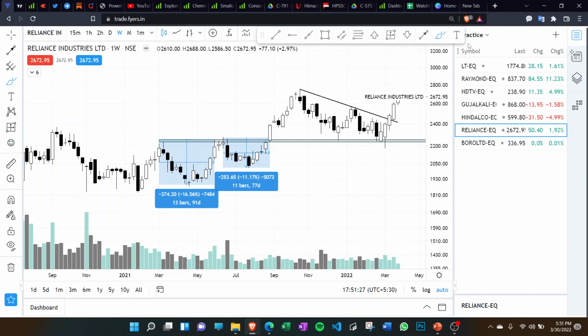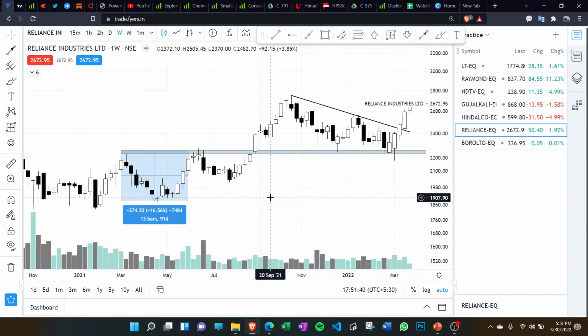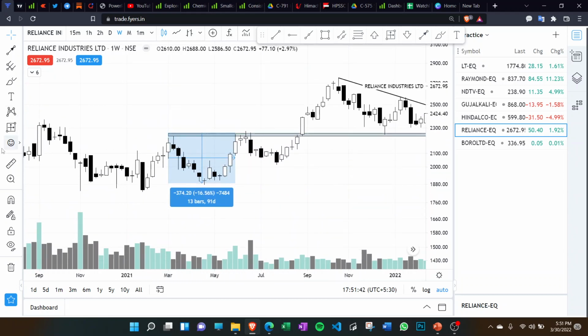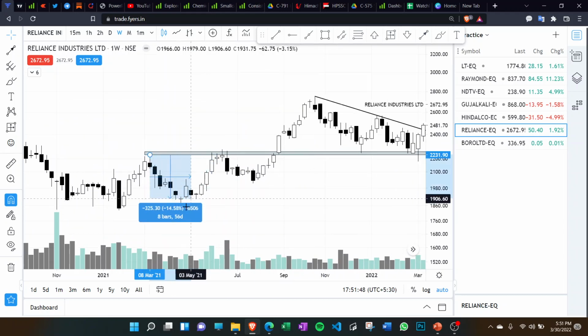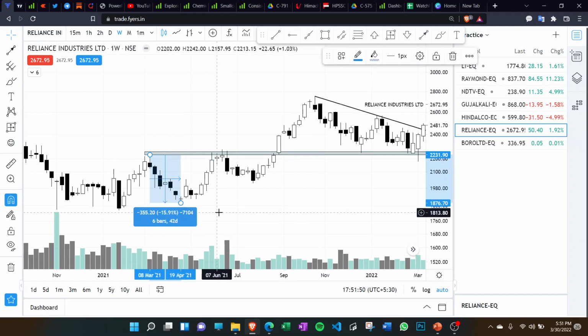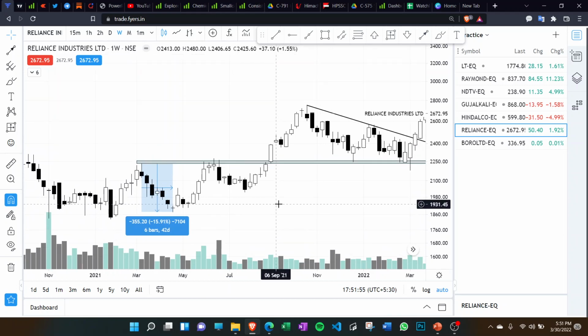So how to calculate the target, that is really important. To calculate the target of a cup and handle, simply connect the highest and the lowest point of the cup formation. As you can see here, this was the highest point, around 2337, and this was the lowest point during the cup formation, that is around 15.91% and 335 points.